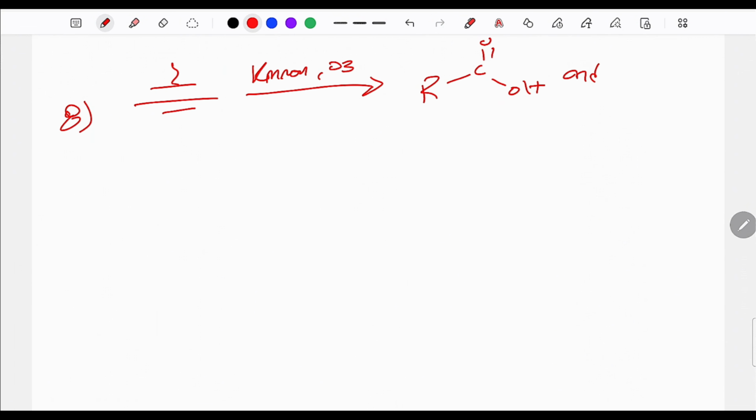And again, this is an internal alkyne. Two carboxylic acids are achieved. So now you know two methods of making carboxylic acids, from an alkyne or from an alkene.